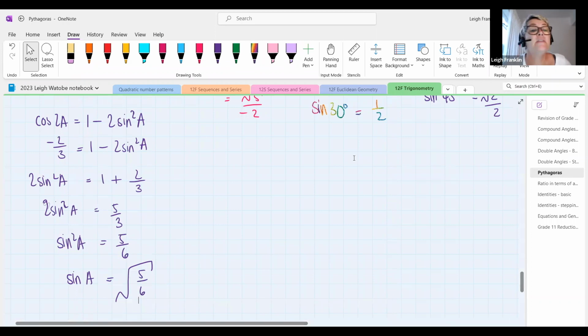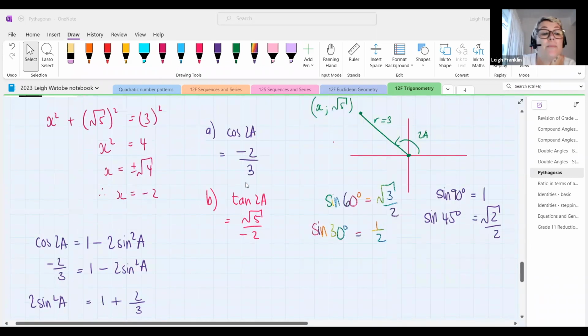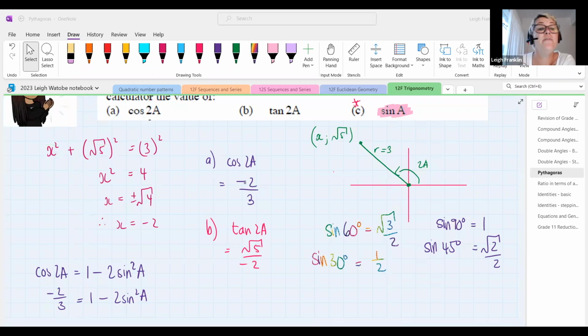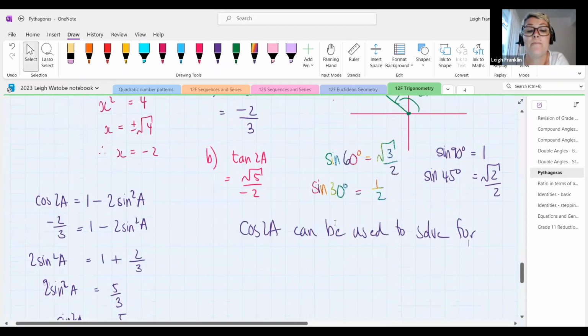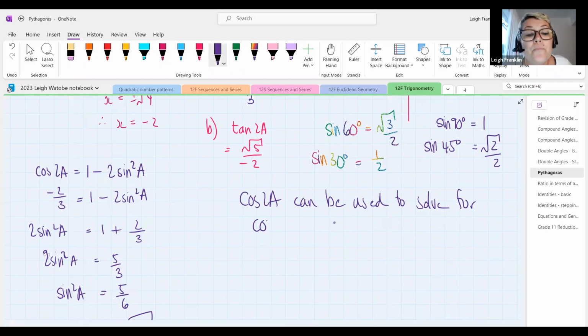Now that's the bit that I wanted to show you or have a bit more of a discussion about. If you work in terms of 2a and then they ask you a question in terms of a, you can use cos 2a to solve for cos a or sine a.